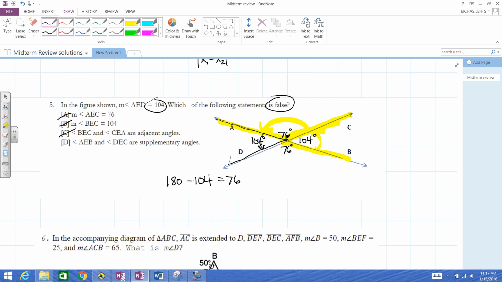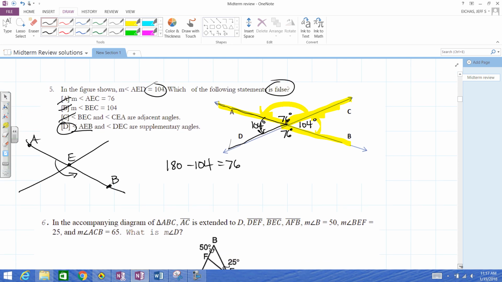AEB by itself is a straight angle, but that's not a supplementary angle. Supplementary angles are two angles whose sum adds to 180. We got AEB by itself is 180. DEC by itself is 180. So that's the false one right there.